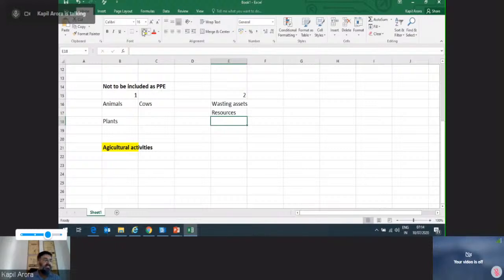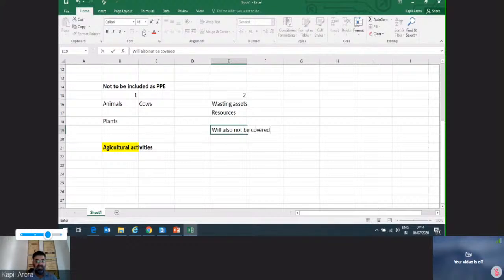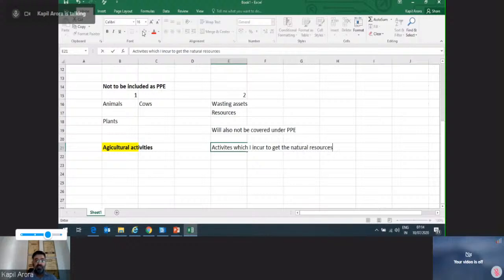The natural resources will also not be covered under PPE. So when I say natural resources, the activities which I incur to get the natural resources or to find out natural resources will also not be covered under this.